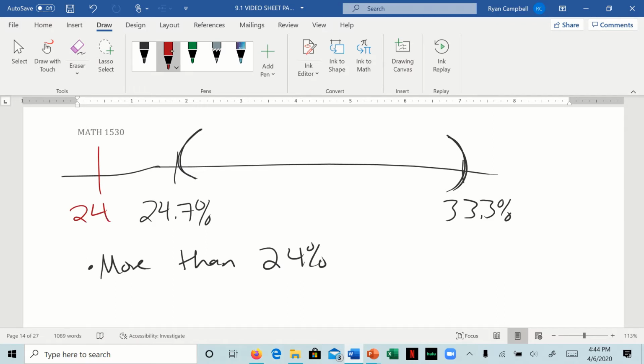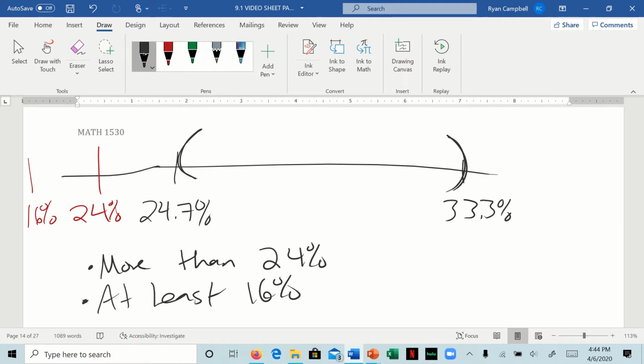All of the numbers between these two are more than 24. We could say at least 16%, because 16% is way down here. All of these values are more than it, so at least 16 would also work.